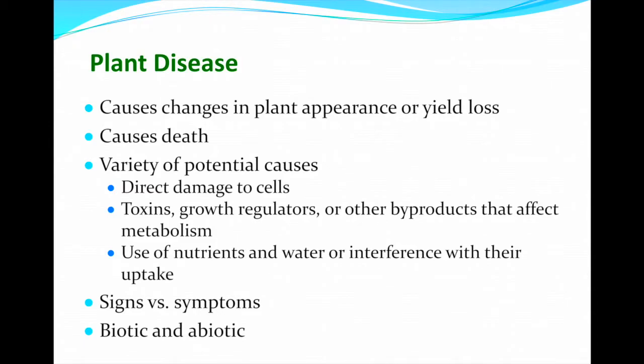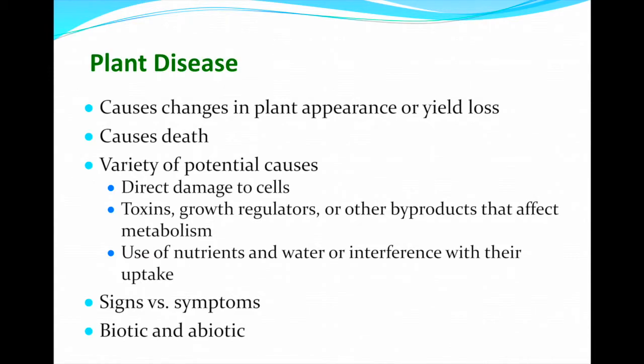Then there can be other byproducts. Just because of how the plant is having to react to the pathogen, that plant's going to put off byproducts. It's a living being, and it's going to produce chemicals in reaction to being attacked by a pathogen, and that can affect how the plant will behave, just because of the different things that it has created during its metabolism.